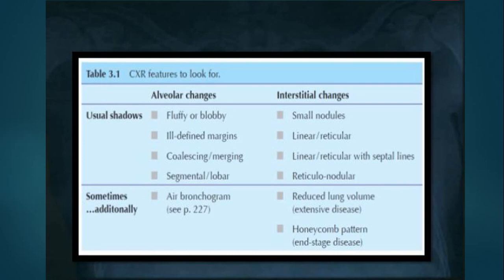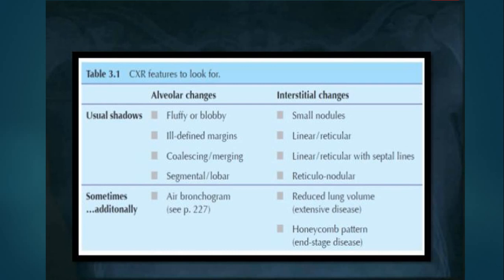The alveolar changes, if you follow them up, you see that they are coalescing or merging, uniting with each other. Each one is uniting with the rest, okay? While the interstitial changes are linear, reticular with septal lines. You can see there are lines and they are not merging together.